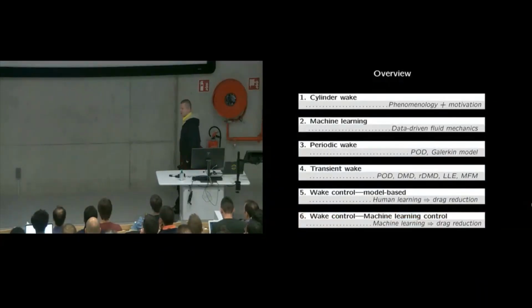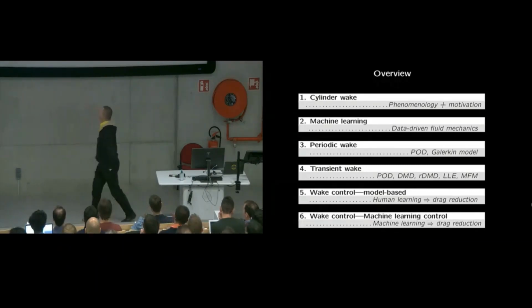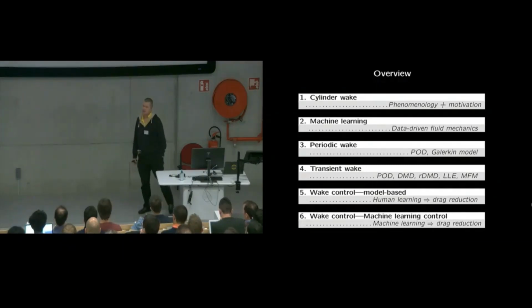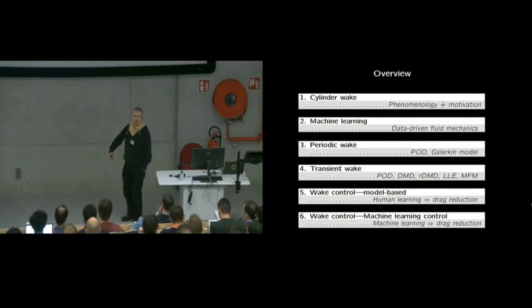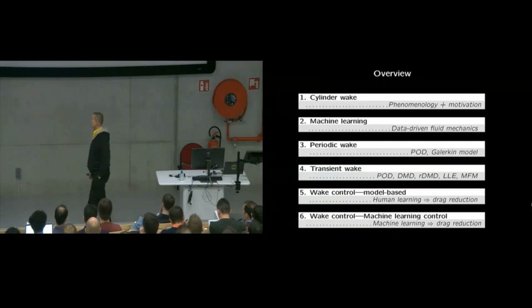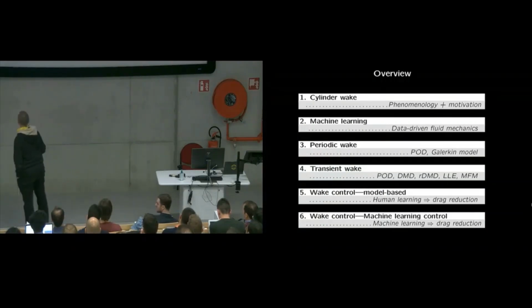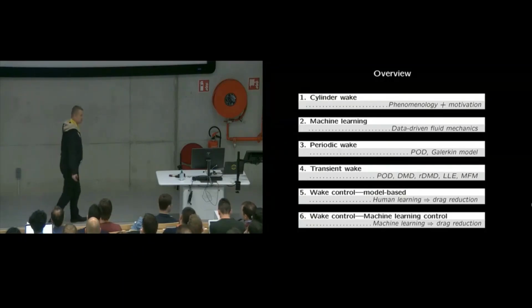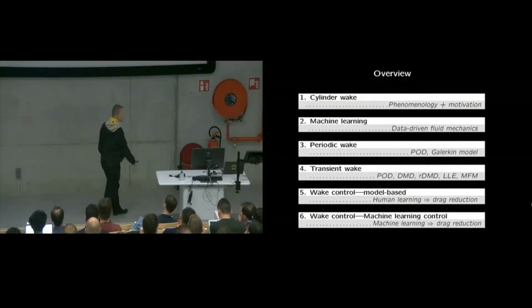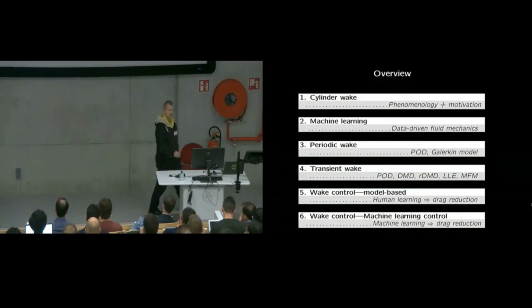And first, I will talk a bit about the cylinder wake, the phenomenology. Then I will give you a brief introduction to what I consider as machine learning. And then I will apply the tools to the periodic wake. This will be very easy. POD, Galerkin. The transient wake will be very difficult, surprisingly difficult.